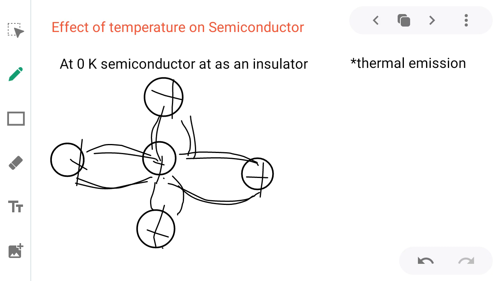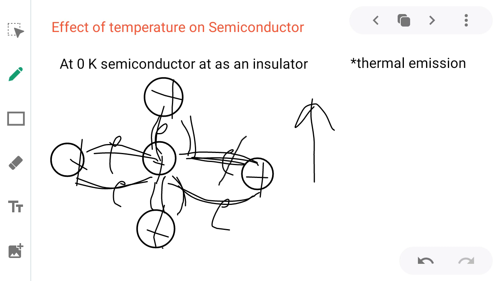They are tightly bonded to one another. Electron sharing takes place between the atoms. Now the point: if I increase the temperature, what happens? The covalent bond breaks down.